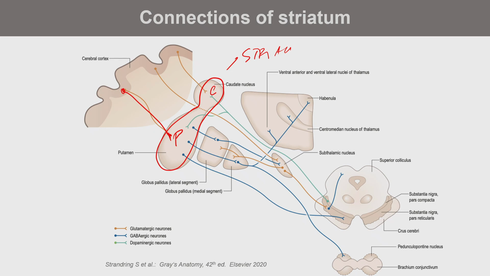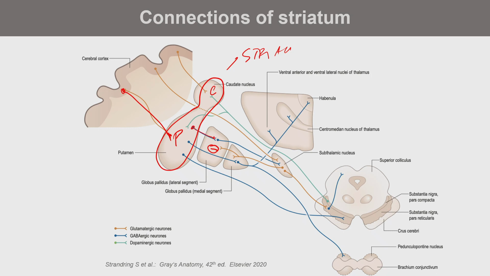But the putamen is then connected with an inhibitory system. And this inhibitory system is then inhibiting the structures of the diencephalon. This is a way which is very important. This is a direct way. The indirect way or pathway is seen here.